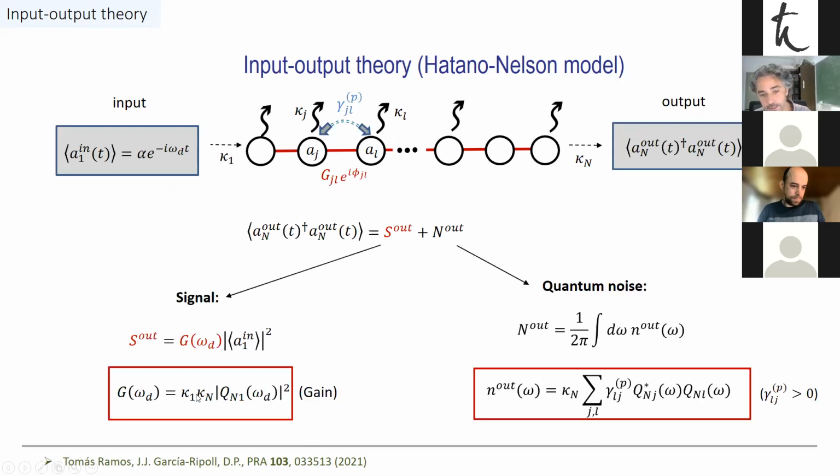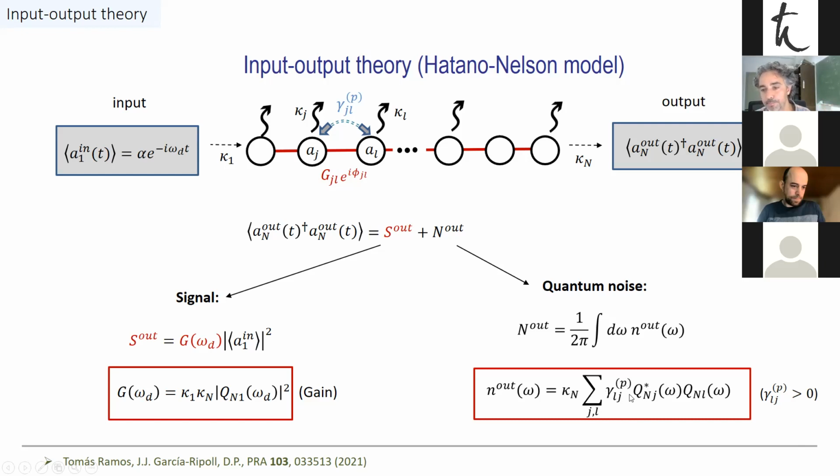I can calculate the gain, which is given in terms of this Green function Q, and I can also calculate noise. The expression for noise is very intuitive in terms of this propagation matrix Q, or Green function. It tells me that the incoherent contribution to the number of photons depends on the propagation of incoherently emitted photons.